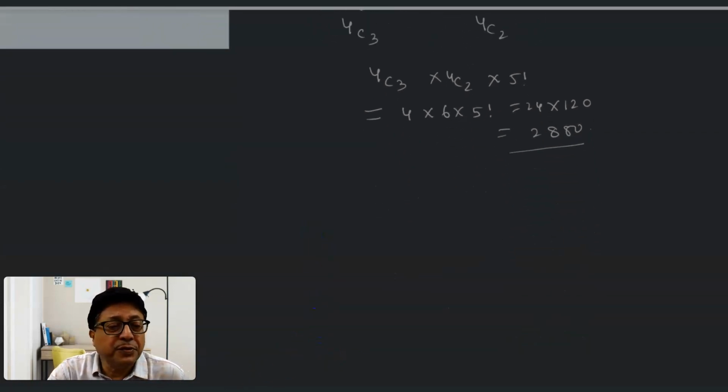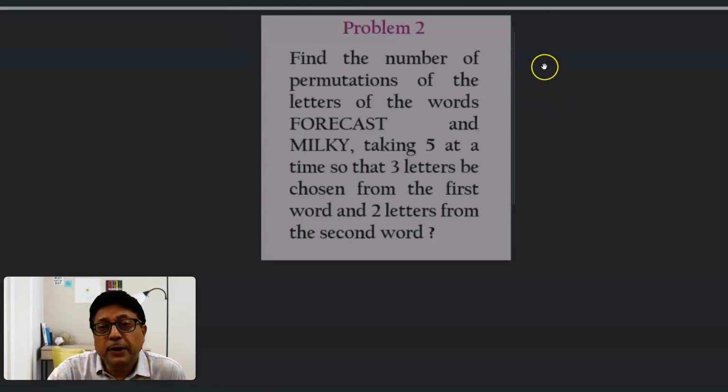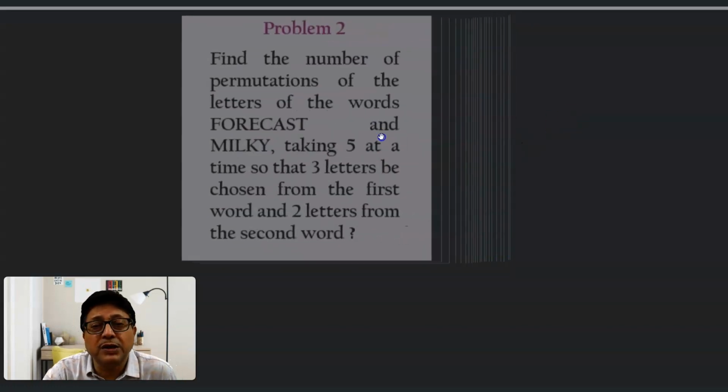Let us start with another problem. Here the problem is: find the number of permutations of the letters of the word forecast and milky, taking 5 at a time, so that 3 letters are chosen from the first word and 2 from the second word. Similar problem, but this time 2 words are given.